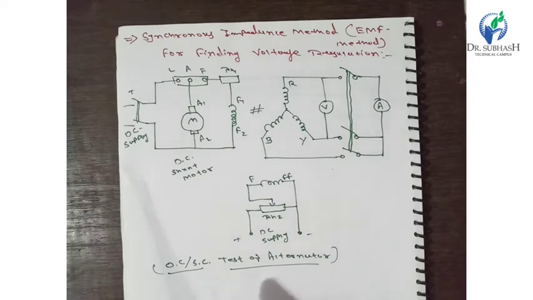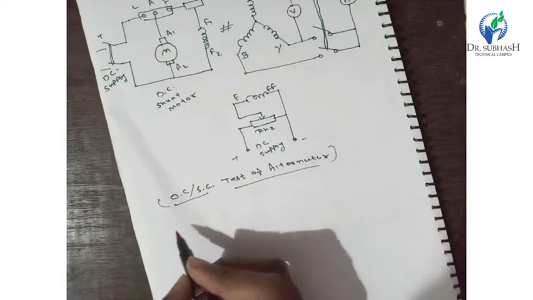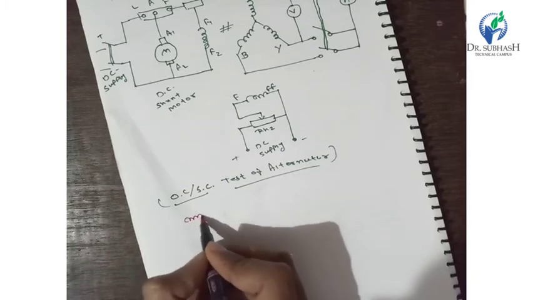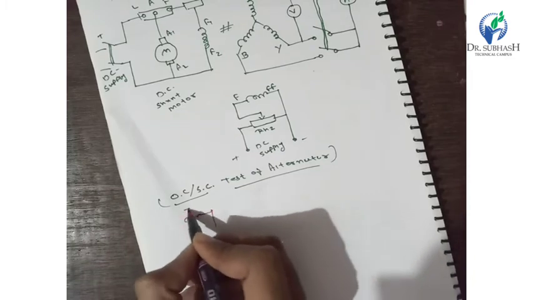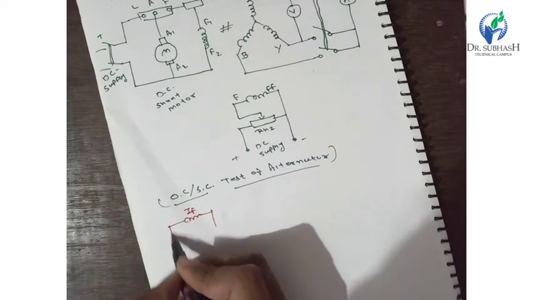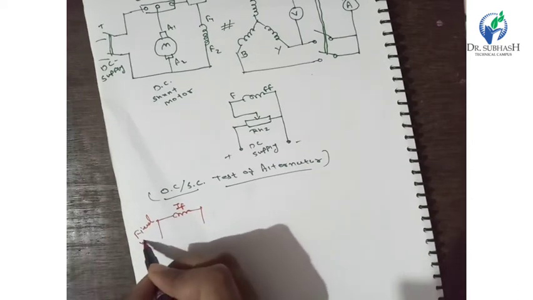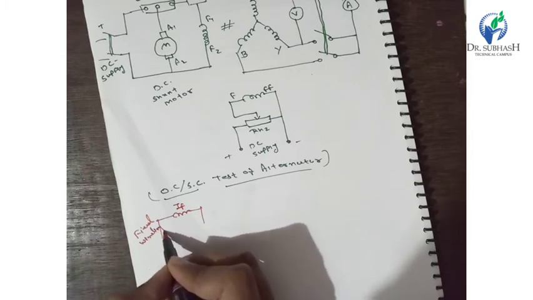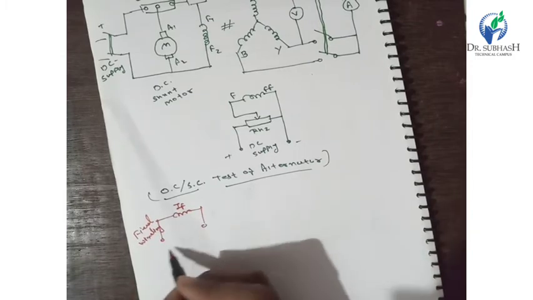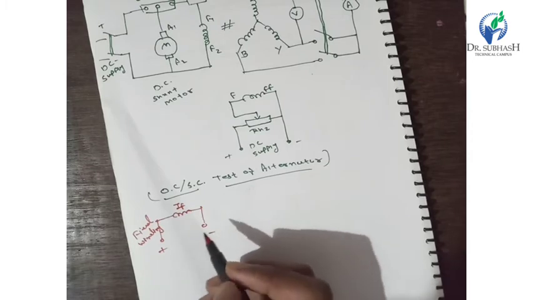Now we discuss the detailed explanation of the short circuit condition. The equivalent circuit for the short circuit test can be drawn as follows. Here is the field current IF in the field winding, with its positive and negative terminals.